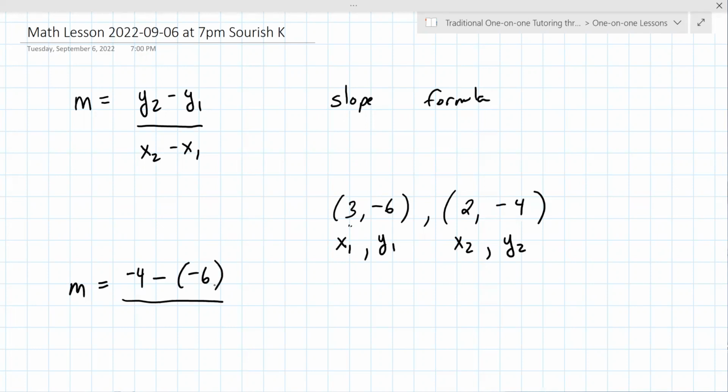And what is x2? The value of x2 is 2. Okay, and what's the value of x1?